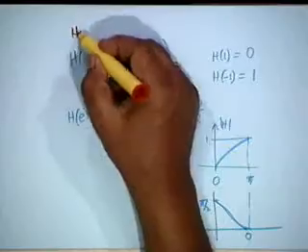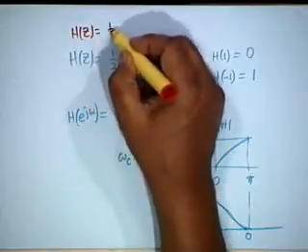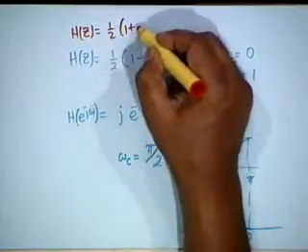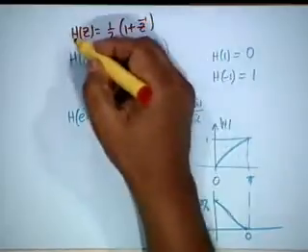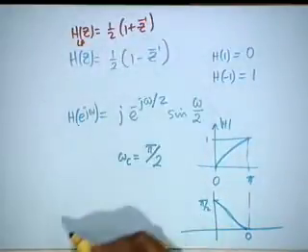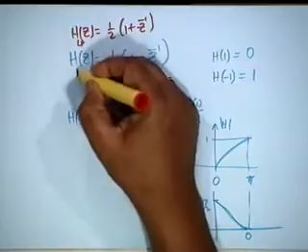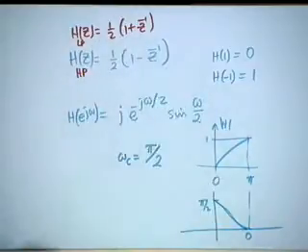One fact of great importance is the following, that H(z) equal to half of 1 plus z inverse was a low pass filter, but 1 minus z inverse is a high pass filter, and this is in general true.